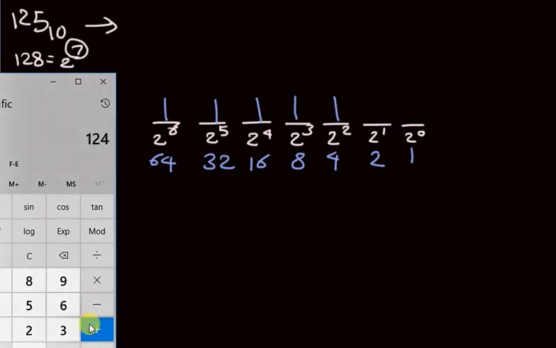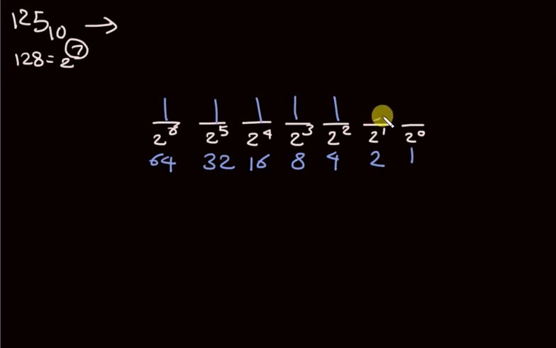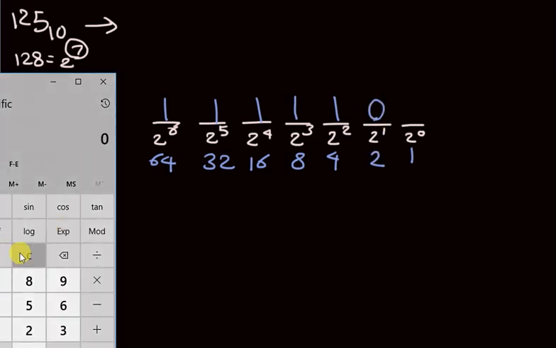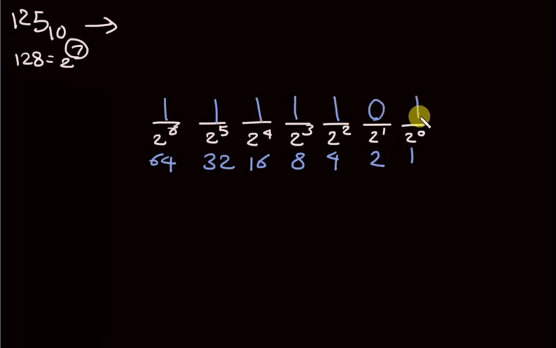Remember we are at 124. If I add a 2 to that, it will give me 126, which is bigger, so I have to put a 0 here. And then again, going back to 124 plus the last place, which is 1, it will give me 125, so I have to put a 1 here.